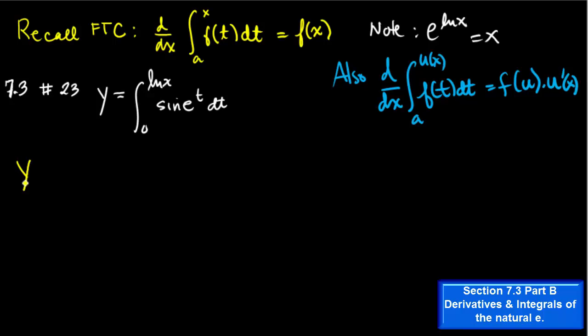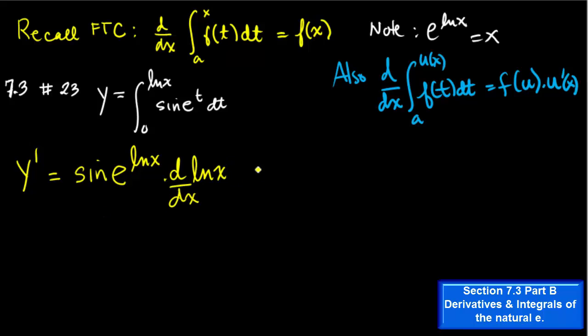So now y prime would be equal to, just take out the integral sign, and it's going to be sine of e to whatever is the argument that sits here. You replace it by the natural log of x, and then you don't stop there because you multiply by the derivative of the natural log of x by chain rule.